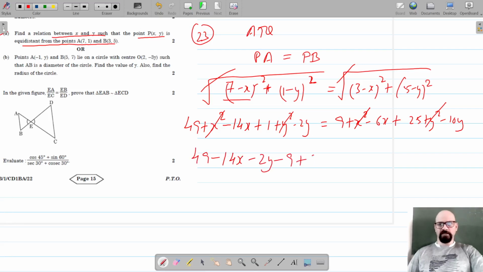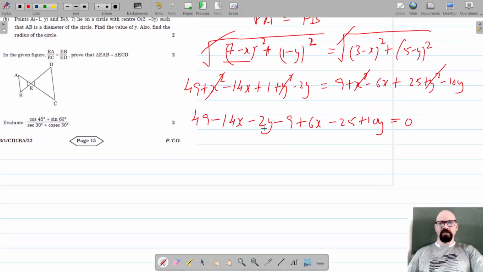So 49 minus 14x plus 1 minus 2y minus 9 plus 6x minus 25 plus 10y is equal to 0. Now minus 14x plus 6x is minus 8x, minus 2y plus 10y is 8y, and 49 minus 9 is 40, and 40 minus 25 is 15.